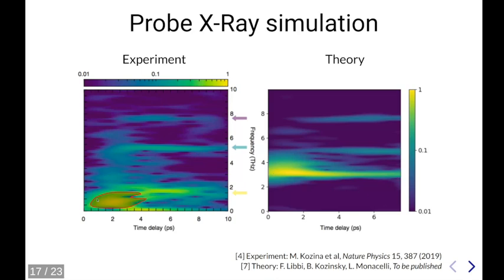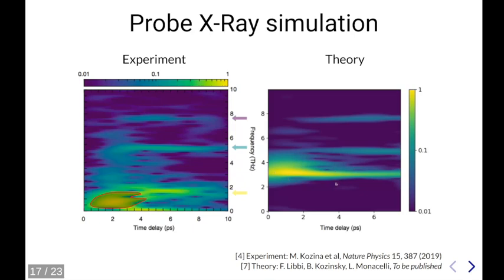We can immediately notice a difference, which is the position of the mode we are exciting. In our simulation it is a bit higher. This is due to the choice of the exchange correlation functional, which is now GGA. We are working to go beyond this approximation right now. But despite that, we see exactly the same features that appear also in the experiment.